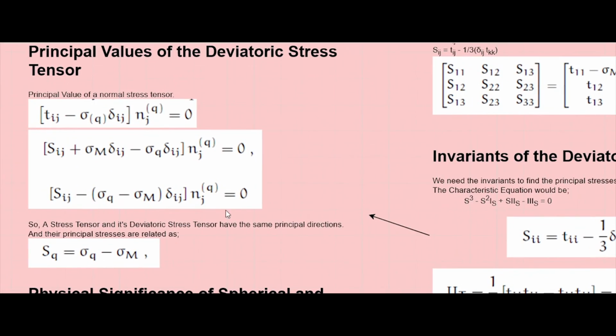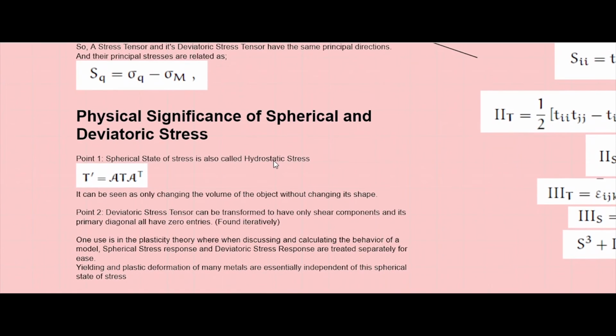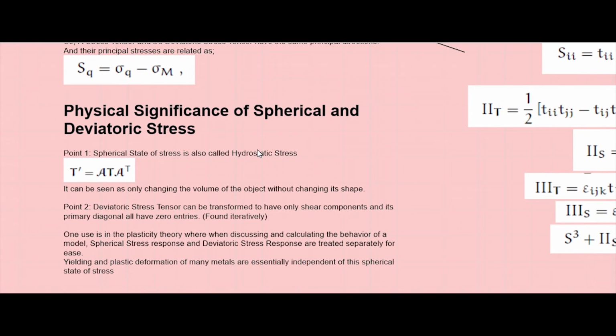Of course, this is an oversimplification. This is not why we have made this division, and this physical sense is not true for all cases. For example, orthotropic bodies will change shape by the spherical stress tensor, and the deviatoric stress tensor will change volumes in some cases.